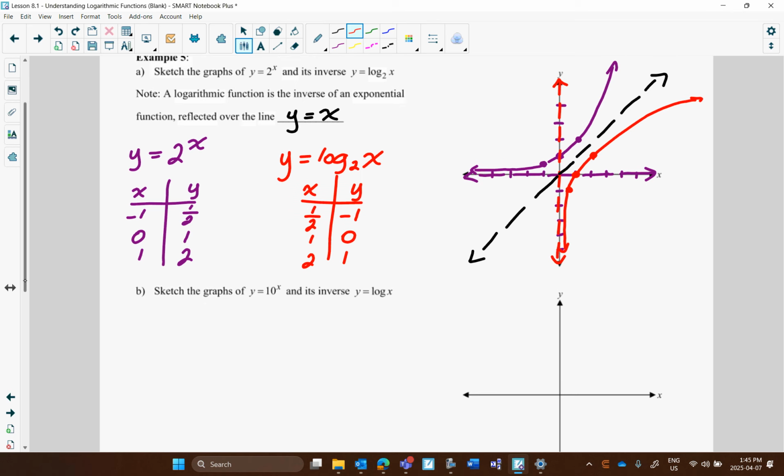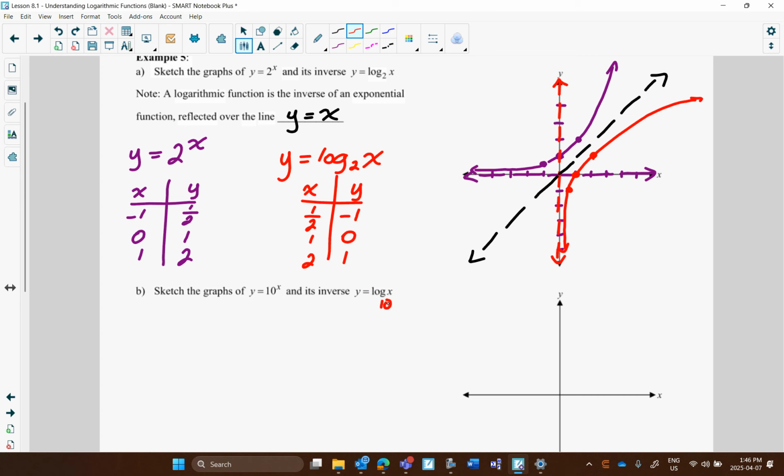Whenever I'm asked to graph a log, and this one would be log base 10 of x, change it to exponential form and do a table of values for that.